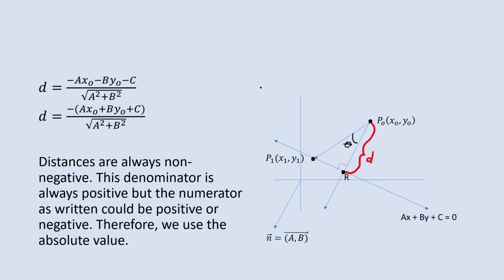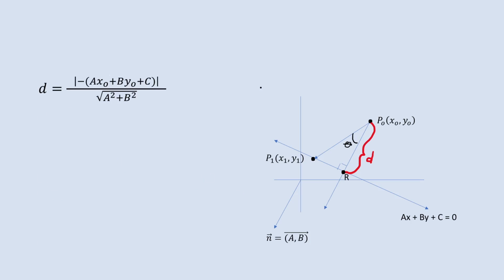But distances are always non-negative. So the denominator will always be positive, but the numerator as written could be positive or negative. So we're going to use an absolute value to indicate magnitude. And so we're going to get the magnitude of that quantity.